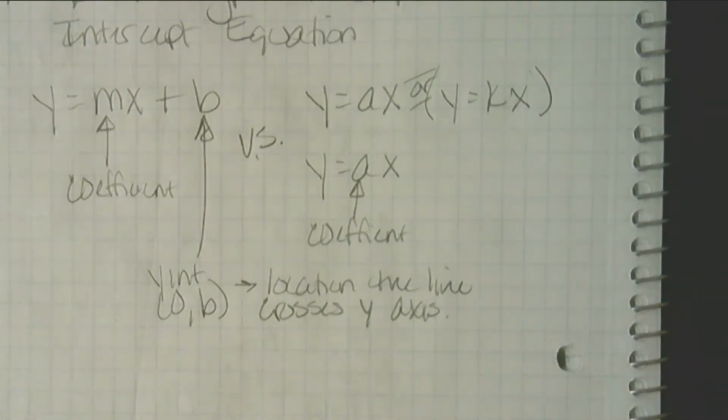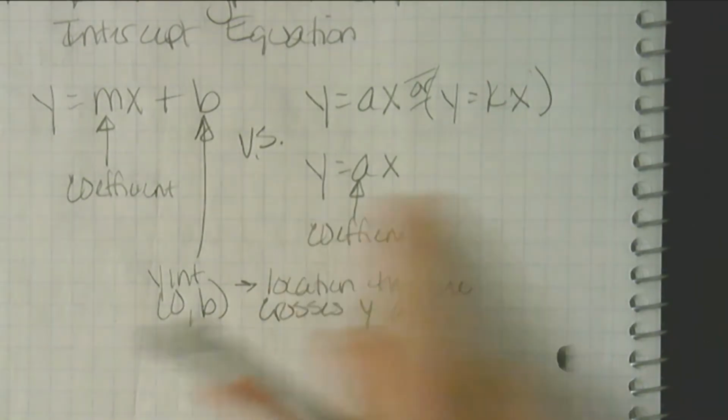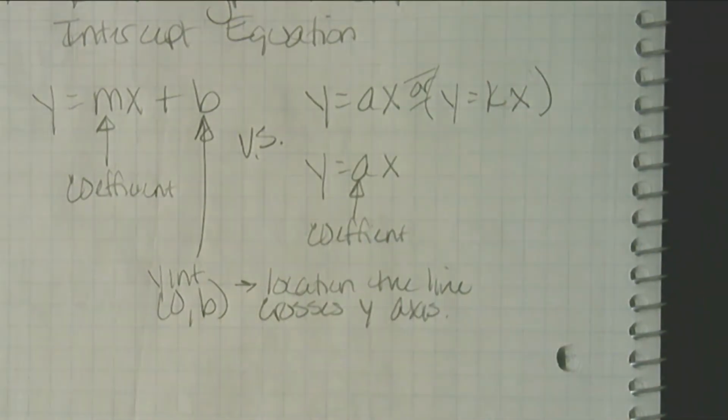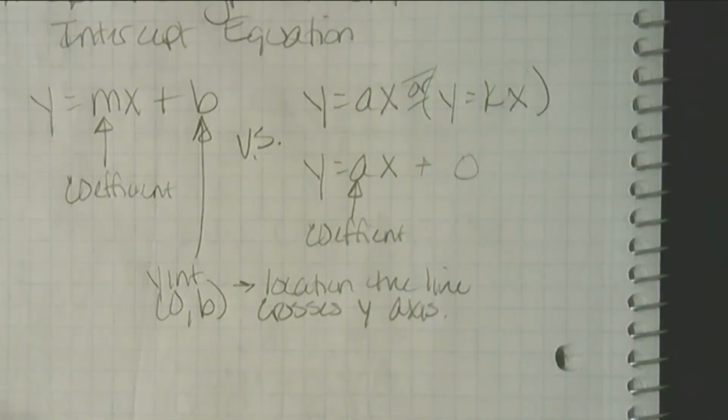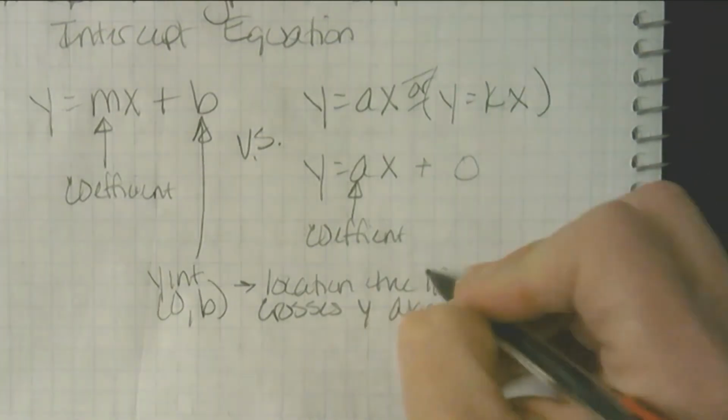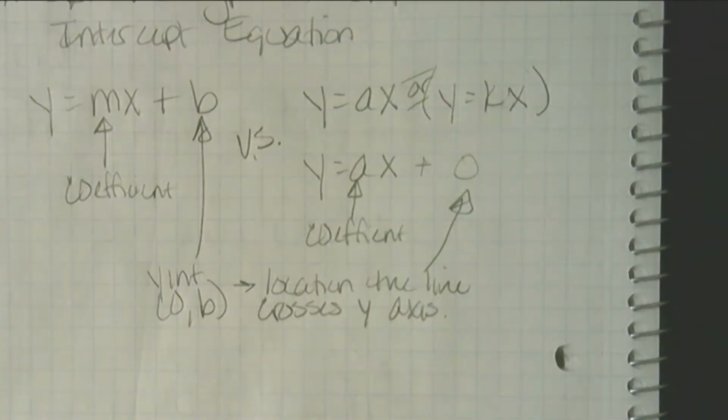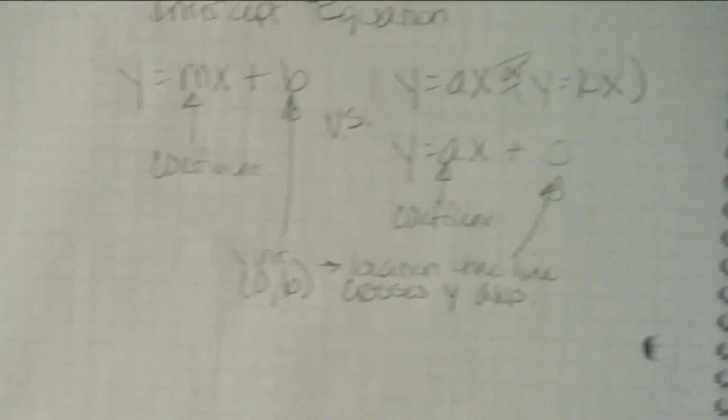If I was to tell you there is a y-intercept for a direct variation, if you were to look at this equation, what would you say is the b value? Rafaela? 0. We could kind of do like a plus 0 here. So there is our y-intercept. So this is something to know.